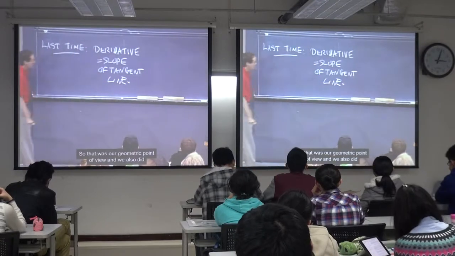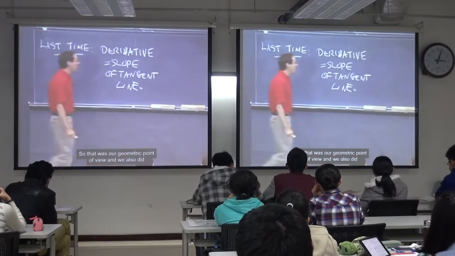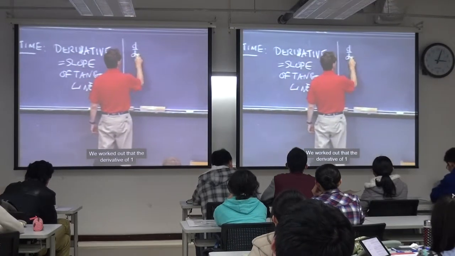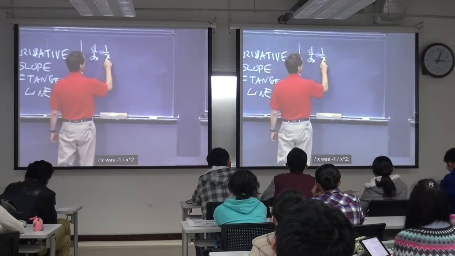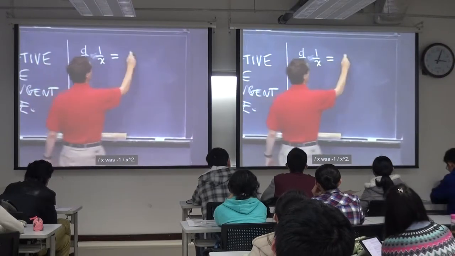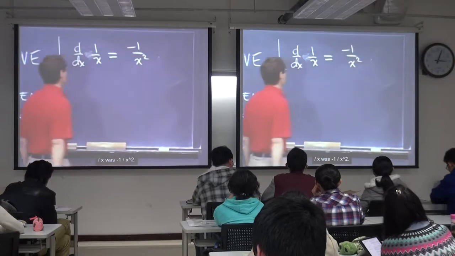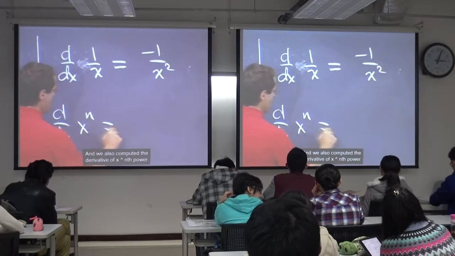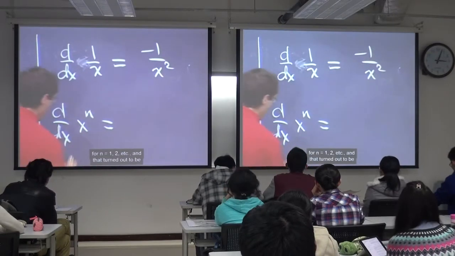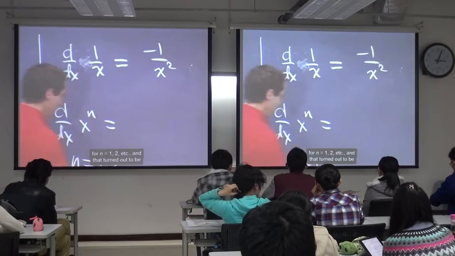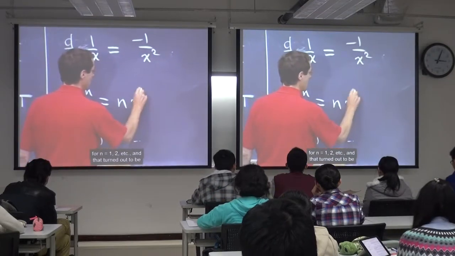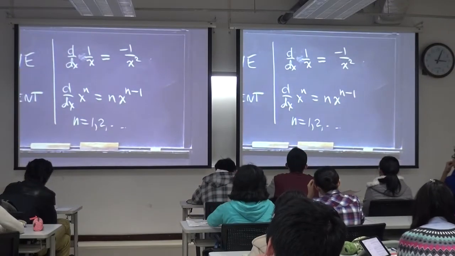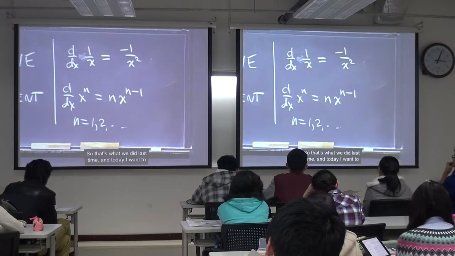So that was our geometric point of view. And we also did a couple of computations. We worked out that the derivative of 1 over x was minus 1 over x squared. And we also computed the derivative of x to the nth power for n equals 1, 2, etc. And that turned out to be n x to the n minus 1. So that's what we did last time.